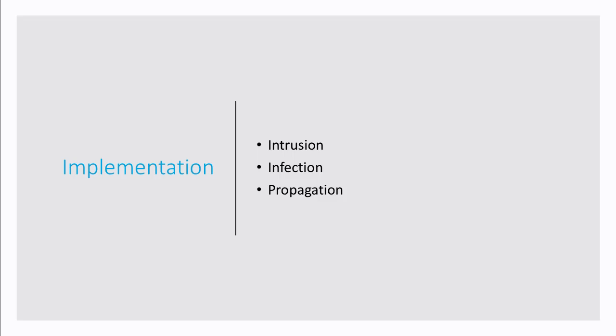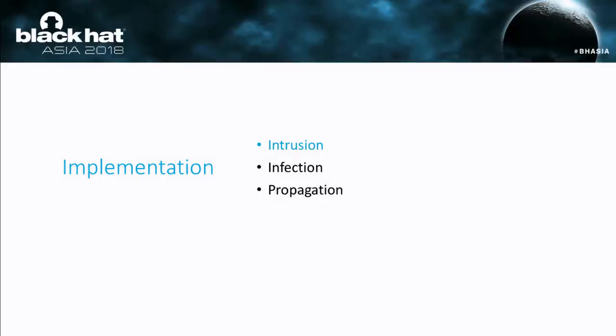Now let me introduce the implementation of UbootKit. The workflow of UbootKit comprises three main stages: intrusion, infection, and propagation. I will focus on the infection stage. The objective of the intrusion stage is to obtain root privilege on the targeted device.